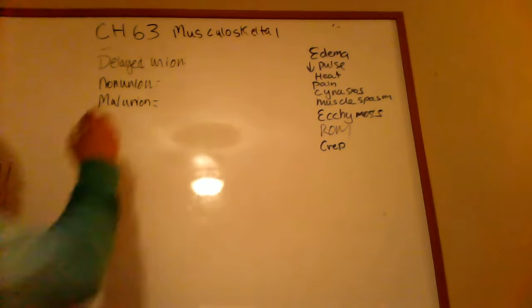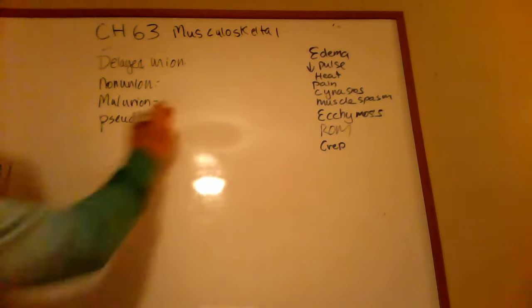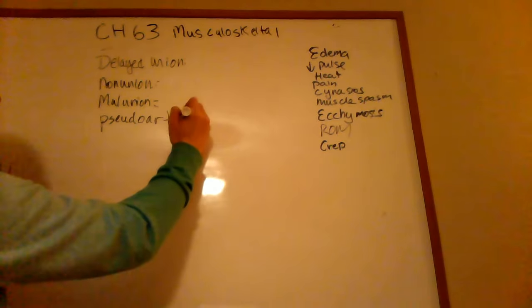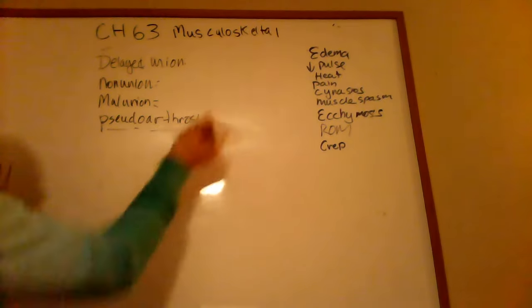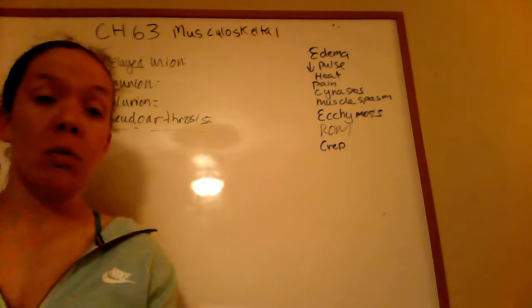The pseudo, this is pseudarthrosis, make sure I'm forming this right. Arthrosis. All right, so pseudo means fake, and then arthrosis. So to break that down, it means fake. Well, really, we're talking about a fake joint.